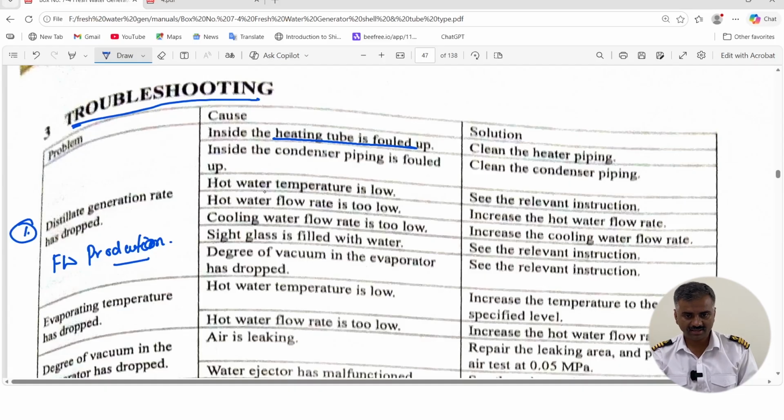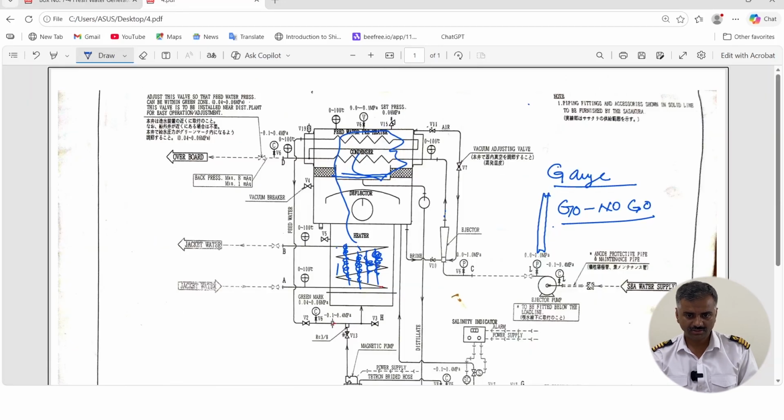Third is low hot water temperature, that is, low jacket cooling water temperature. So this is my jacket water inlet side here, and here is my temperature gauge. I am talking about this temperature gauge. If this gauge is saying only 70 degrees centigrade, it should show 83 degrees centigrade and above, around that.